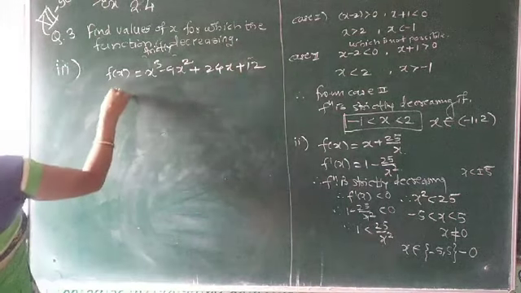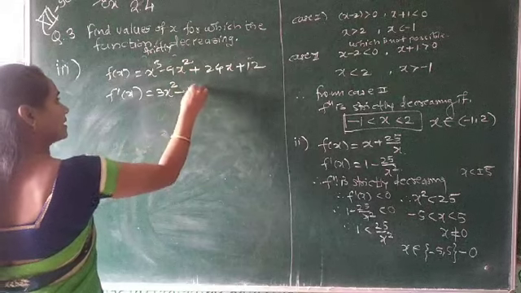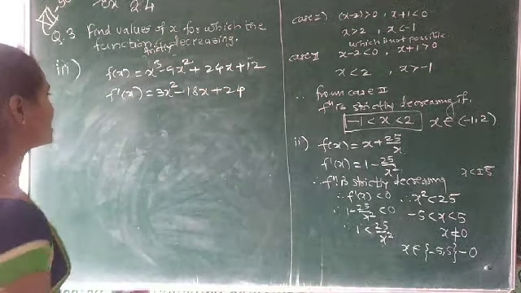So take the derivative. f dash of x is 3x square minus 18x plus 24.